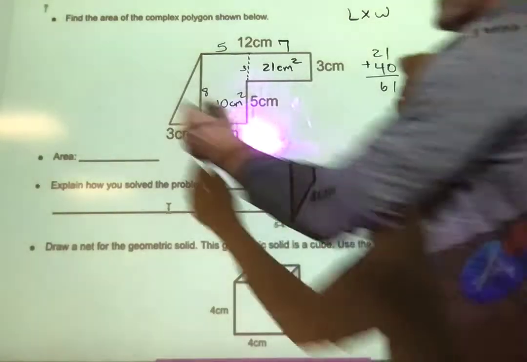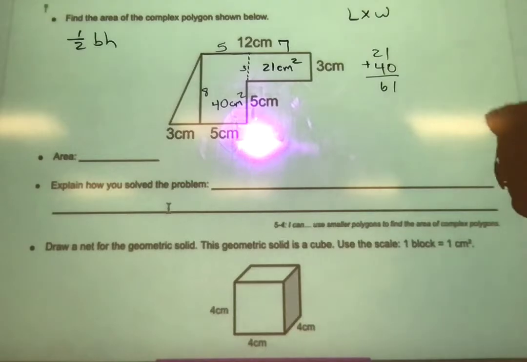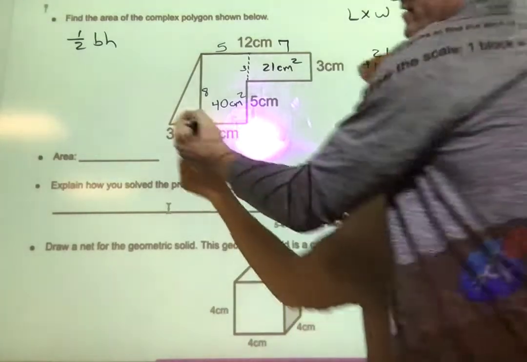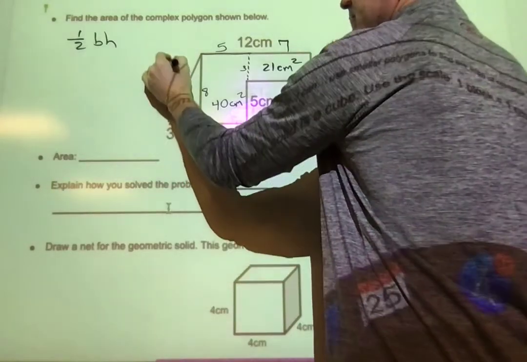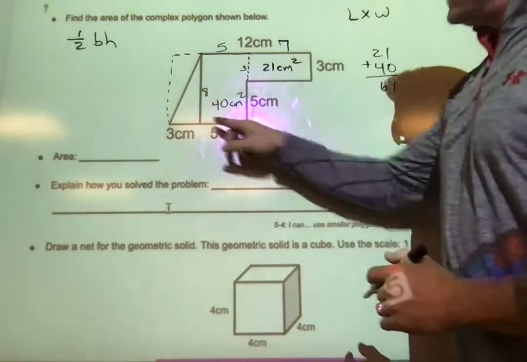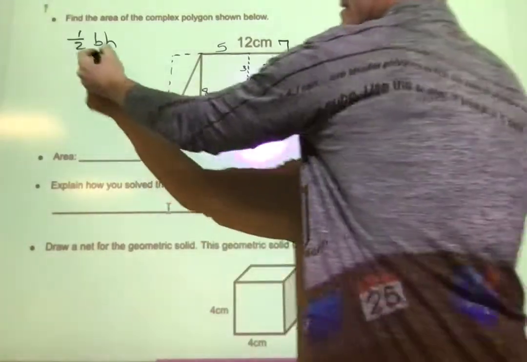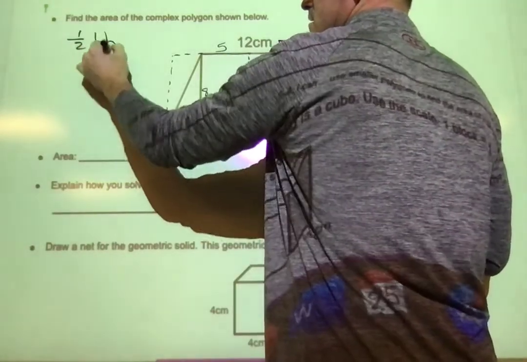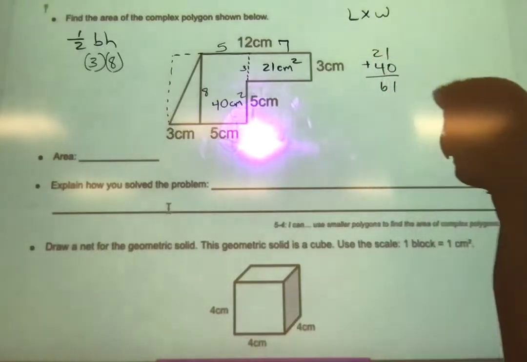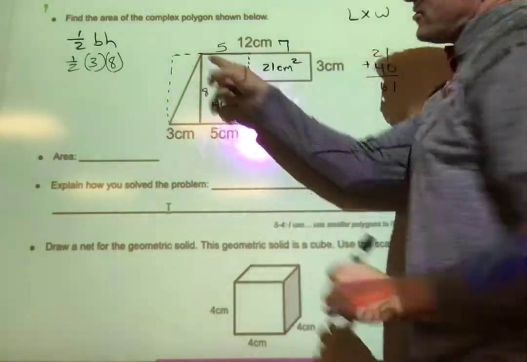And I know the formula for a triangle is half the base times the height, because we know triangles are half of a rectangle or of a parallelogram. And I can visualize if this were a whole rectangle, it would be 3 by 8. So I know I can take 3 times 8, do it algebra here with the parentheses, and then I need to cut that in half because this whole rectangle isn't here.